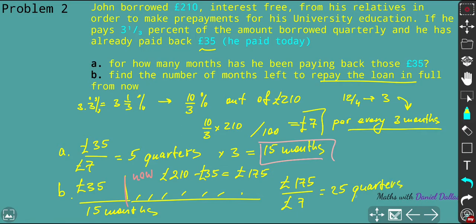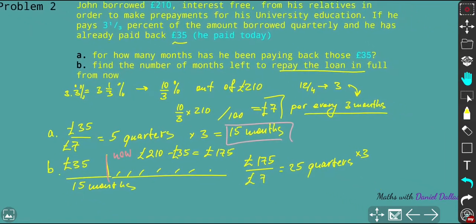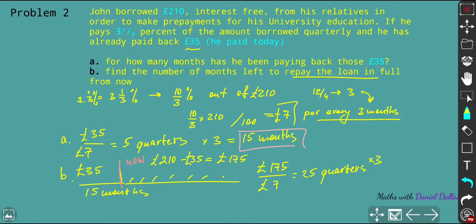And now we need to multiply by 3, right? Because we need to calculate the number of months now. So we multiply by 3, and 3 times 25 is going to be 75 months.